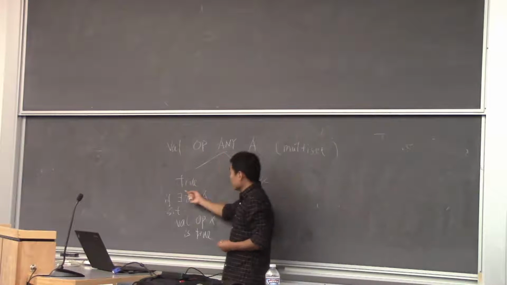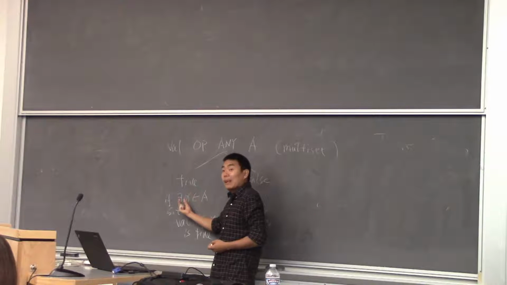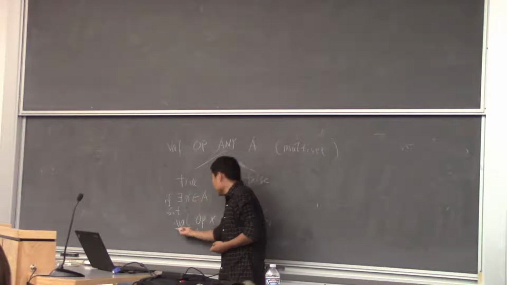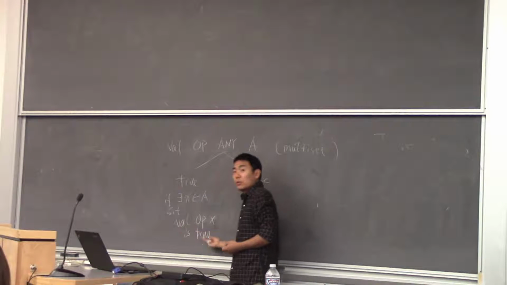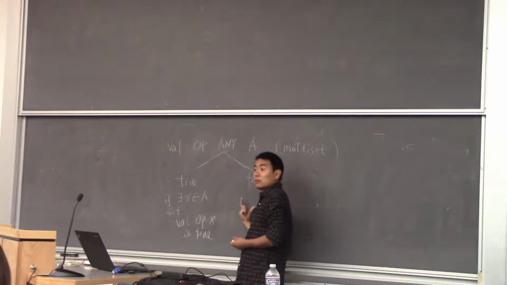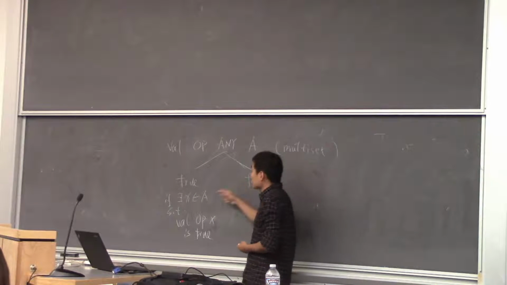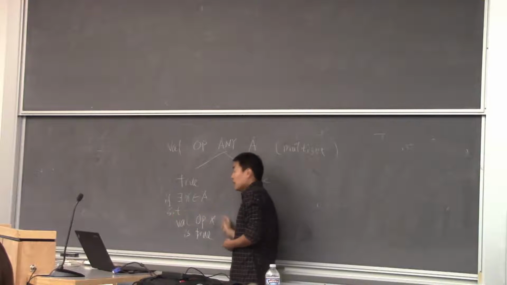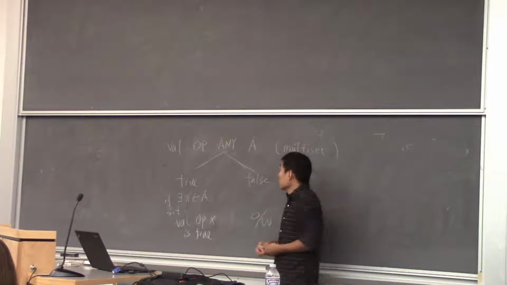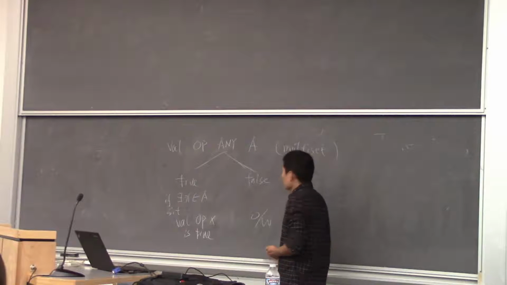What this means is there should be at least one element of A that makes this expression evaluate to true. Then this whole thing is true. Otherwise, it's false. In other words, if you can find no elements in A to satisfy this expression, then it becomes false.